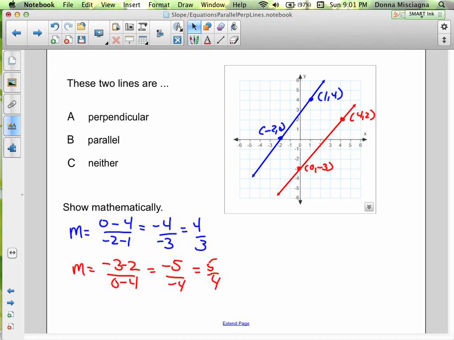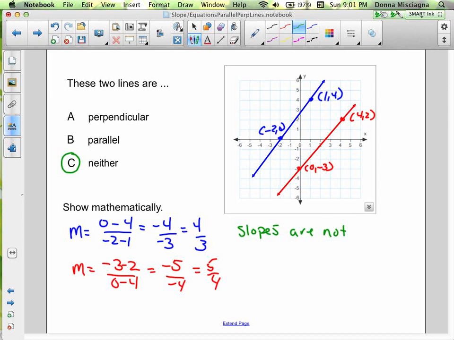They are neither. So here, the slopes are not the same, so we don't have parallel lines, or negative reciprocals.